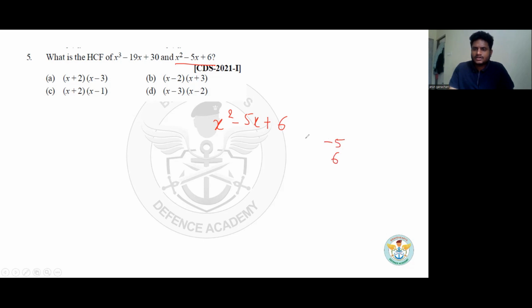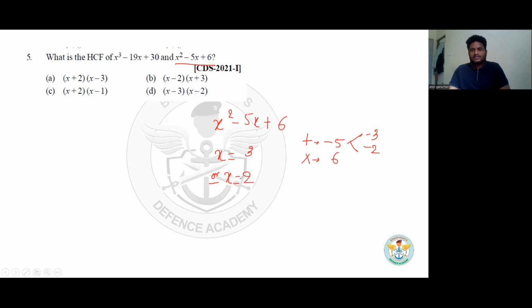Minus 5 and 6: on addition we should get minus 5 and on multiplication we should get 6. So my roots are minus 3 and minus 2. Minus 3 into minus 2 is 6, minus 3 minus 2 is minus 5. So my roots are x equal to... no, you have to change the sign. x equal to 3 and x equal to 2.